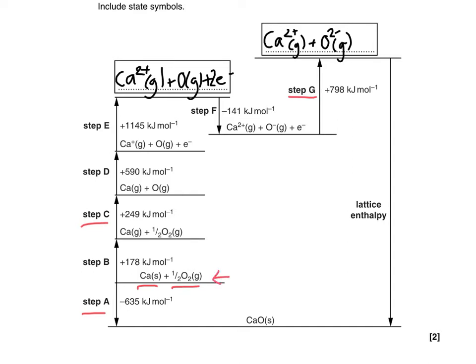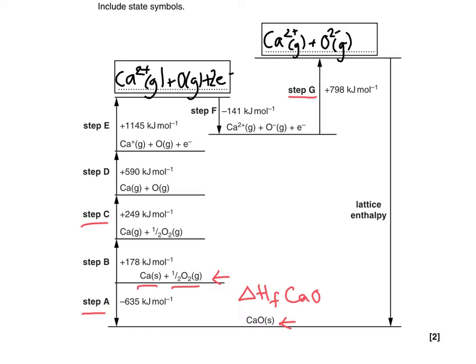These are the elements in their standard states, and we're forming 1 mole of a compound. So this is going to be the enthalpy change of formation of calcium oxide. It needs to be in words, so on the next page I'll write them out in full.